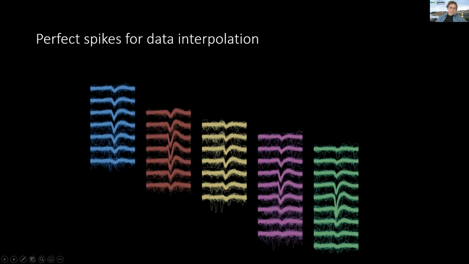We need enough sampling vertically to be able to know what a spike would look like when it's half shifted between sites, for example. And so if the sites are vertically far from each other, we won't have enough samples. The interpolation won't be able to produce the missing data. Whereas because the sites here are sampled densely enough, we have a bit of smoothness helping us.